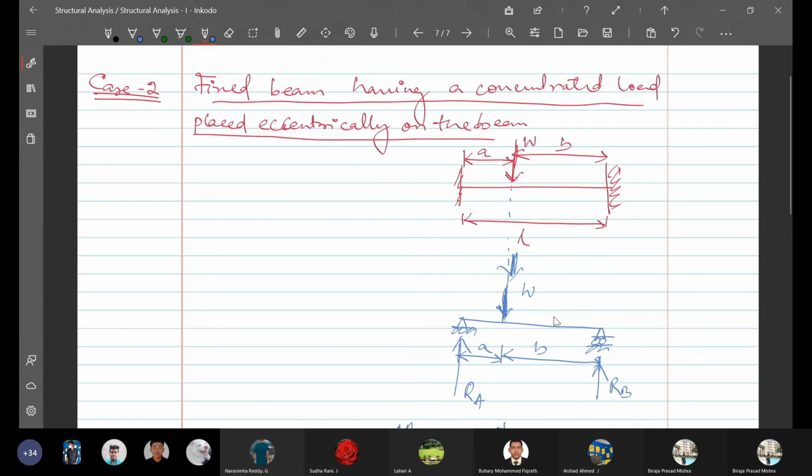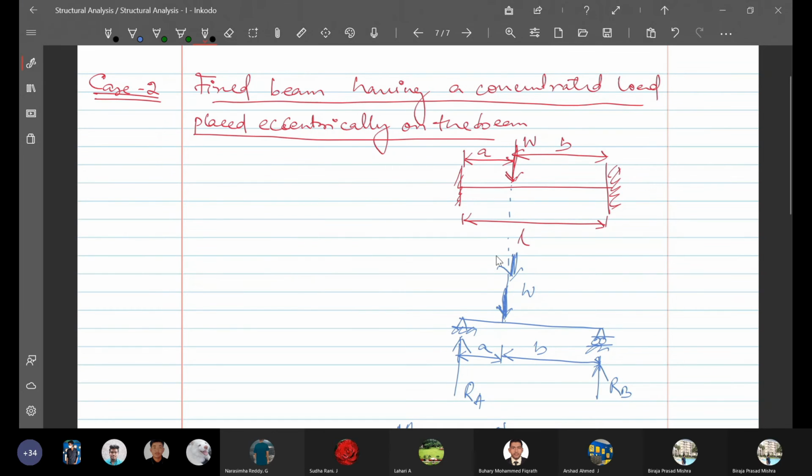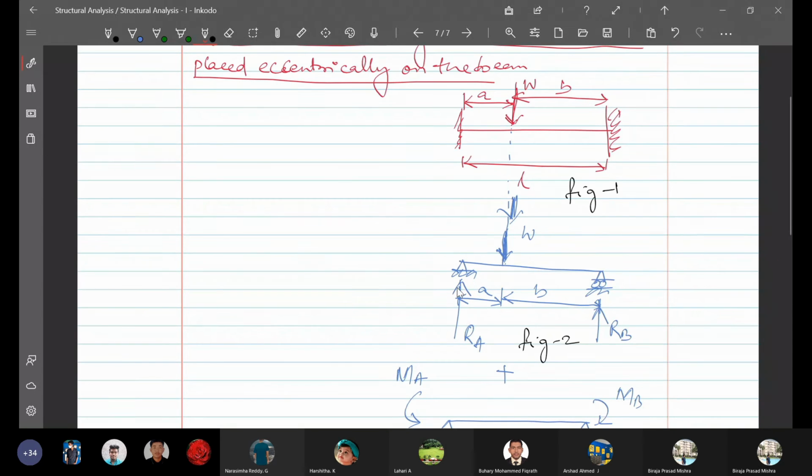Let us say this is figure 1, this is figure 2, this is figure 3. So for this, what will be the free body diagram?